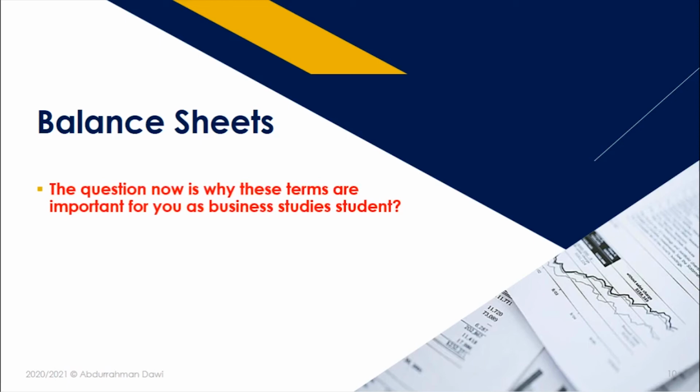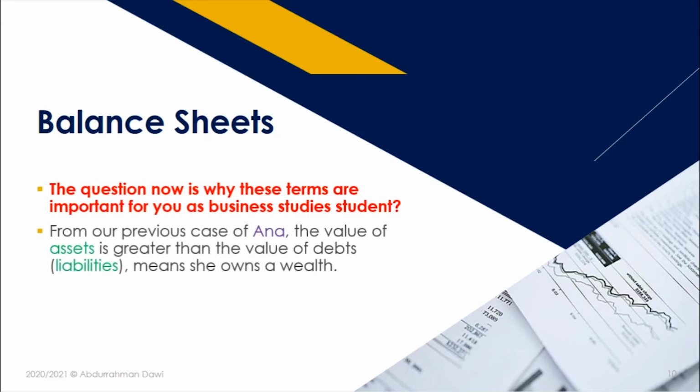This is an important question you can ask yourself: what do I need to do with this information as a business studies student? From the case that we discussed regarding Anna, we understood how to list the values of what she has and what she owes as debt, and we discovered a logical rule from the calculation made in that simple personal balance sheet of Anna: she has assets greater than the debt.